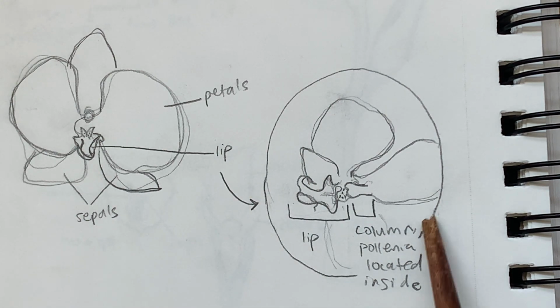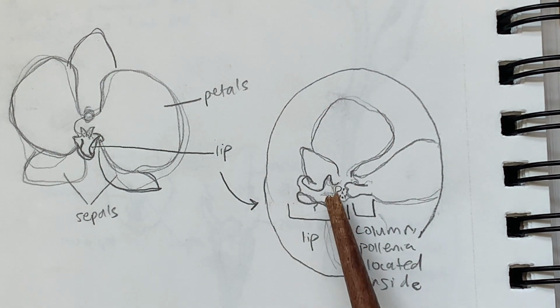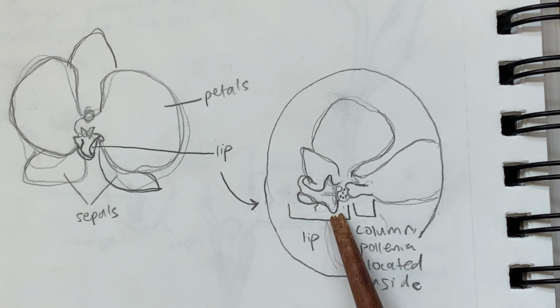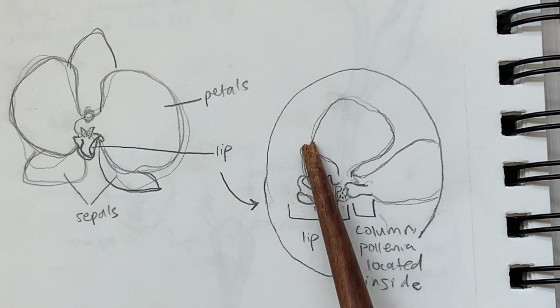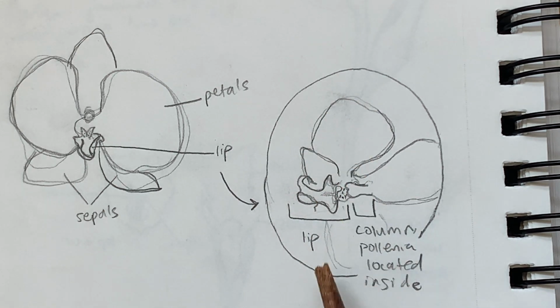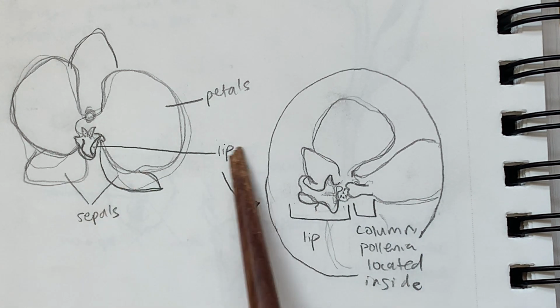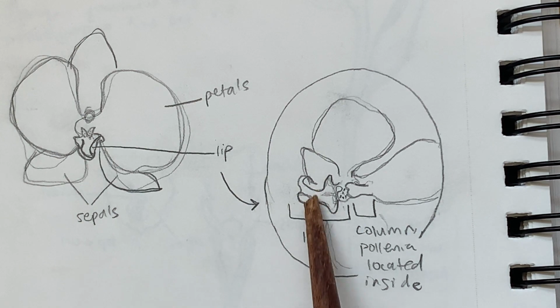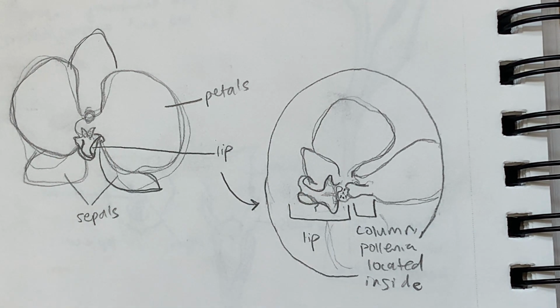For example, there's an orchid where its lip structure here has developed to look like a female wasp to attract the male wasps to attempt to come and mate with the orchid. Genius.